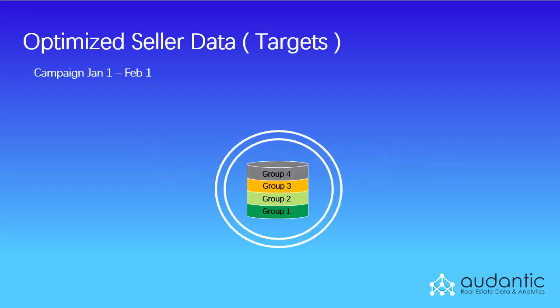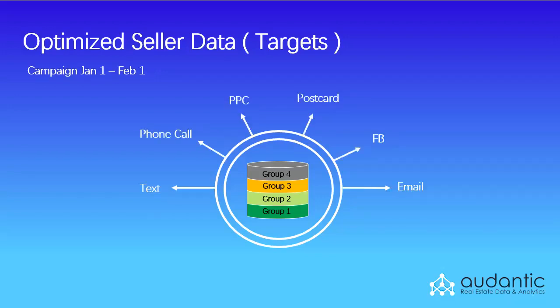Well, from our perspective, we have this data set, this optimized seller data set, and it's kind of in the core here. We're going to look at our data set and who we marketed to from January 1st through February 1st. With our initial data set, our optimized set, we might use that to text people. We might use it to call them. We might upload it to a digital campaign. We might mail them.